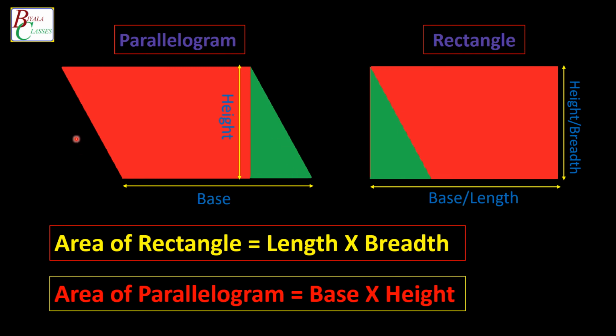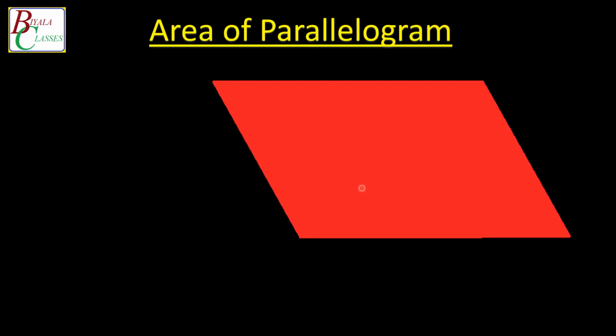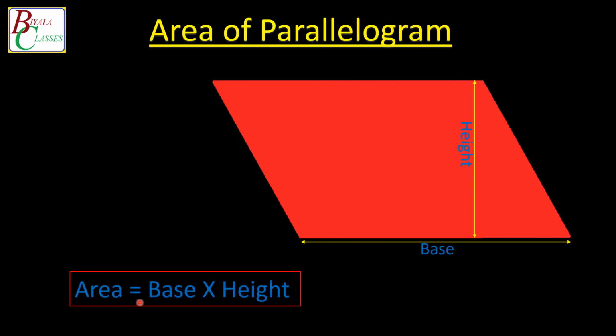We moved it to the left side and converted it into a rectangle. So the area of both will be equal. Hence, the area of a parallelogram having base and height is given by base multiplied by height. So this is how the area of a parallelogram is equal to base into height.